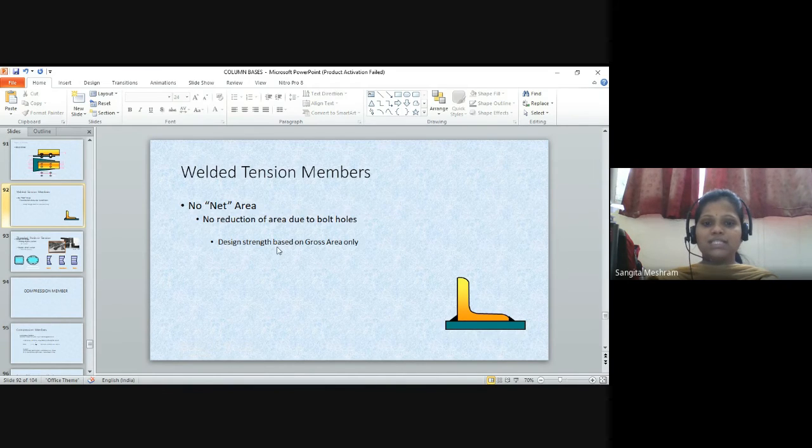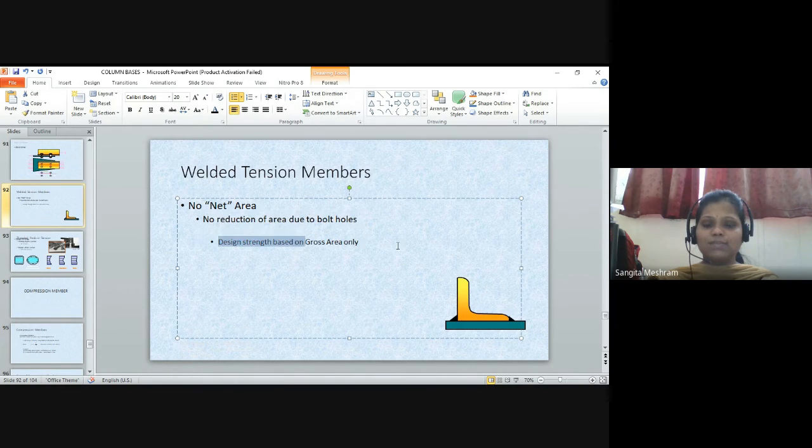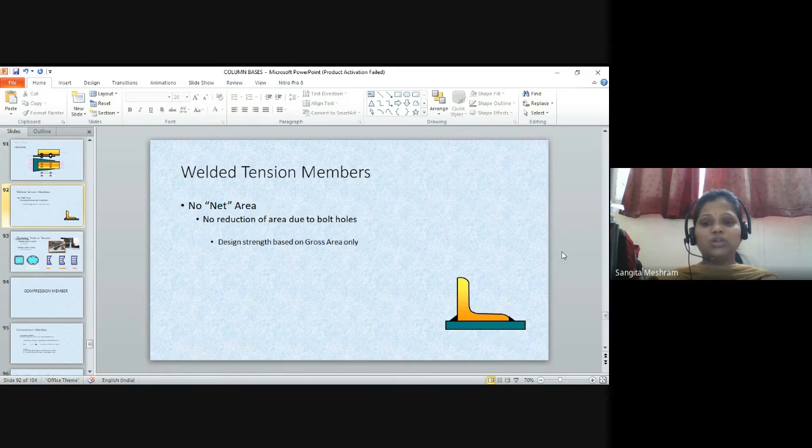So design strength is based on gross area only. Okay, there are no bolt holes here, only the connected members are connected with the help of welding. So we have to consider the gross area. If the word gross is there, we have to consider the total area for that particular section.